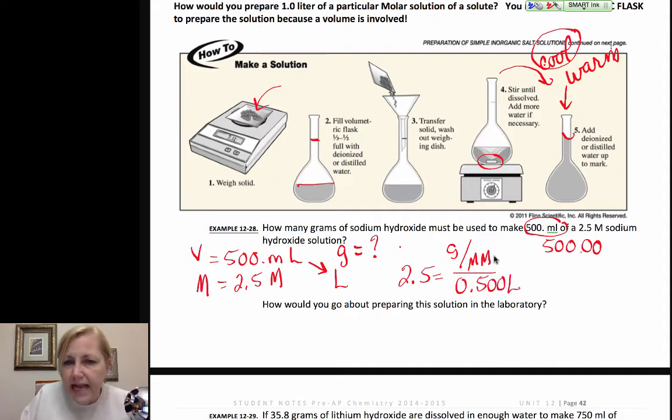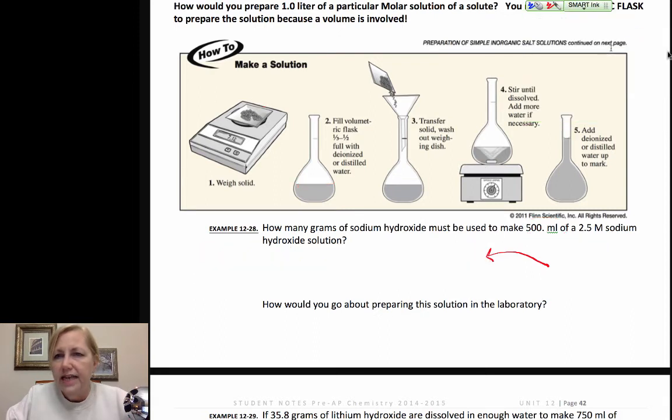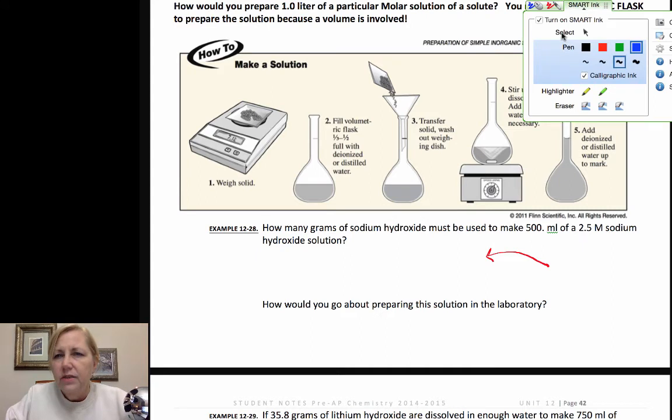And the molar mass of sodium hydroxide is about 40.00 grams per mole. So I would substitute that in there as well. And this describes pretty well how to make it, so I'm not going to talk about that any more in any more detail. Let's go on to the next question.